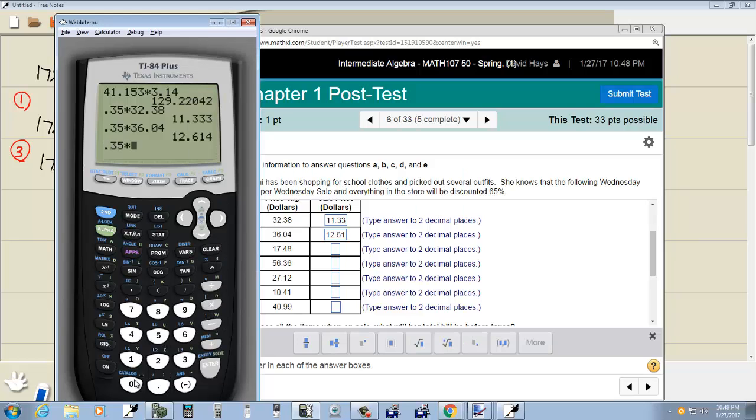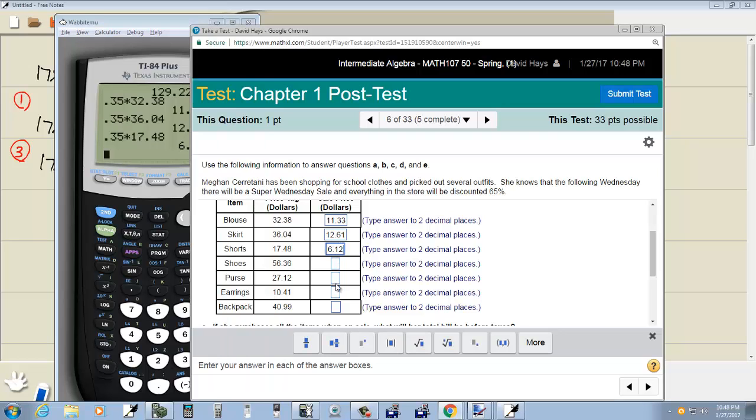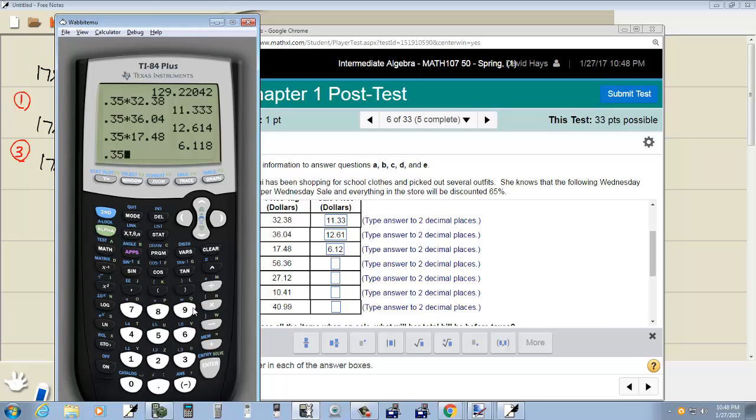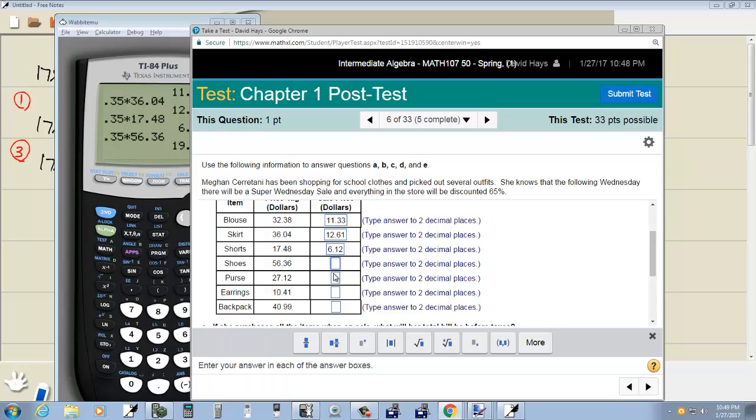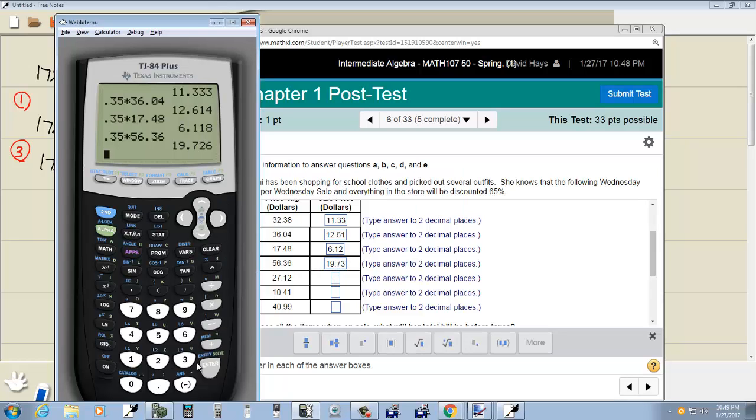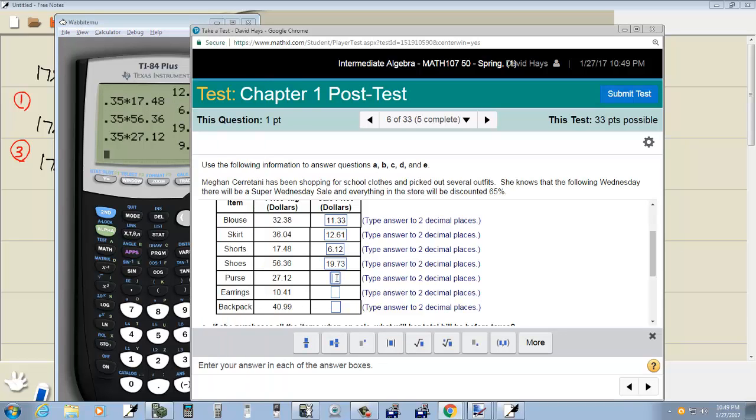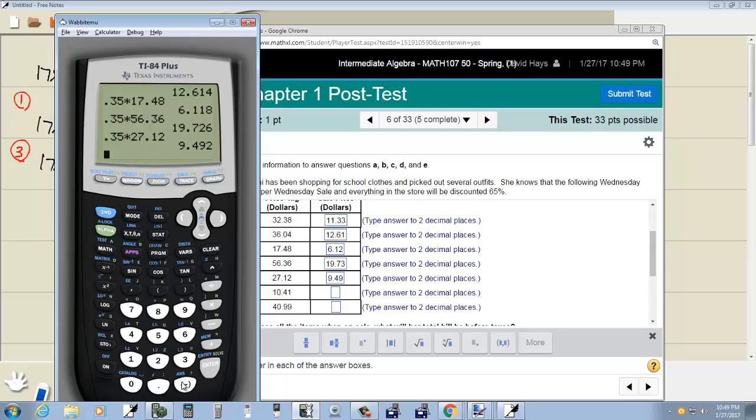0.35 times 17.48, 6.12, 0.35 times 56.36, 19.73, 0.35 times 27.12, 9.49, 0.35 times 10.41.